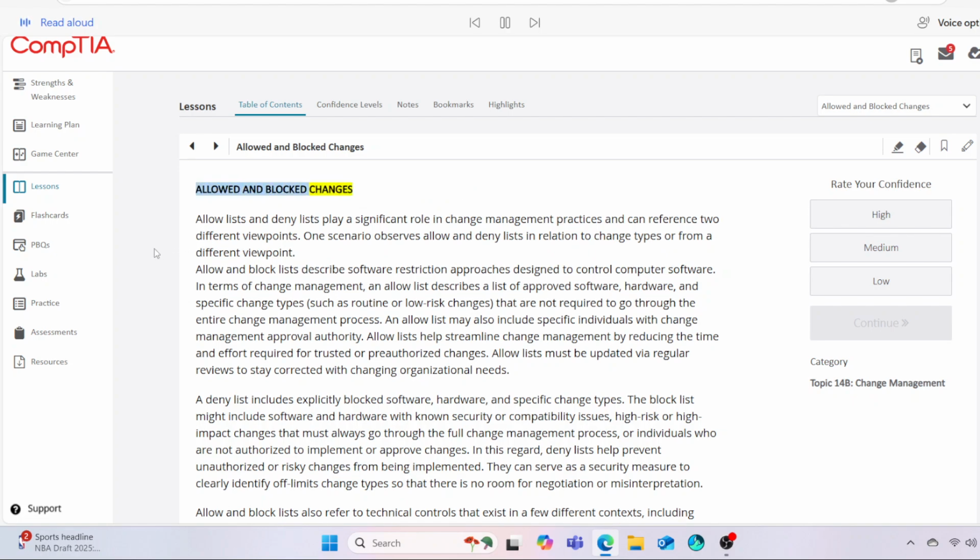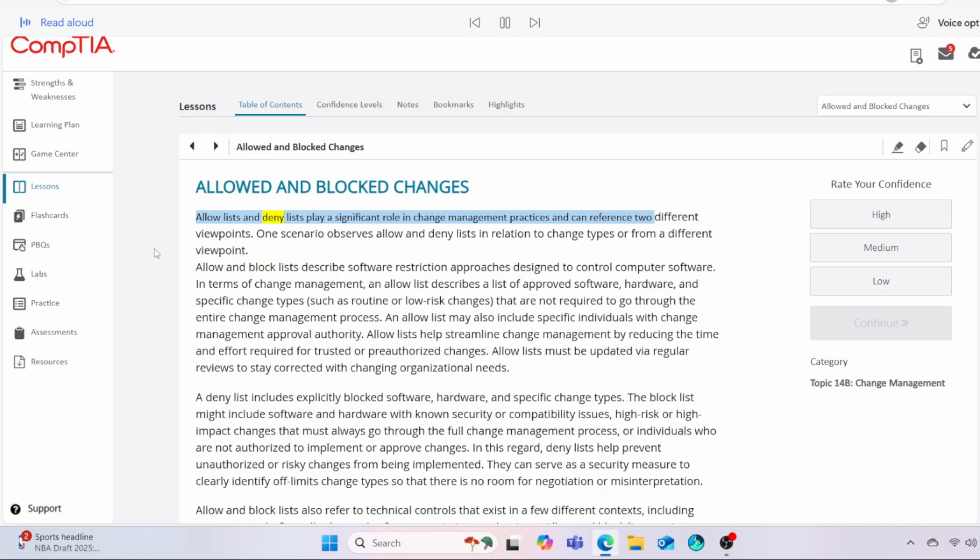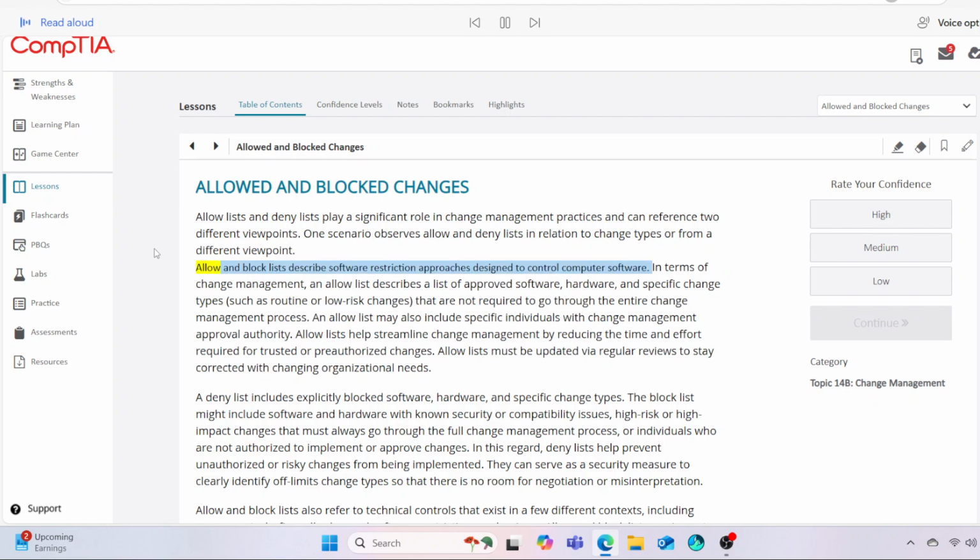Allowed and blocked changes. Allow lists and deny lists play a significant role in change management practices and can reference two different viewpoints. One scenario observes allow and deny lists in relation to change types. From a different viewpoint, allow and block lists describe software restriction approaches designed to control computer software.